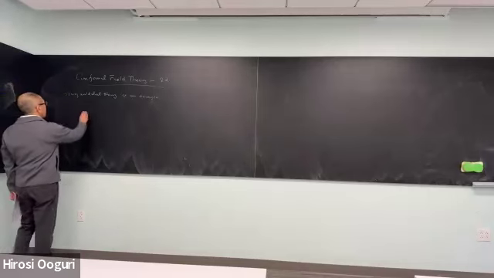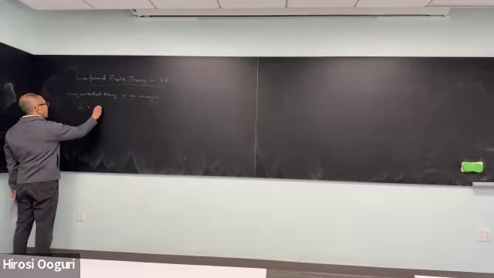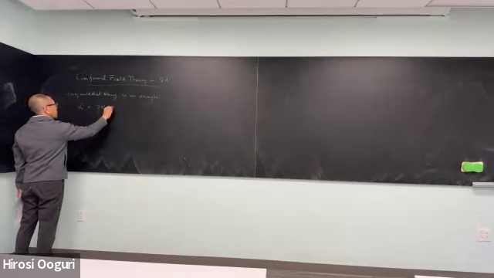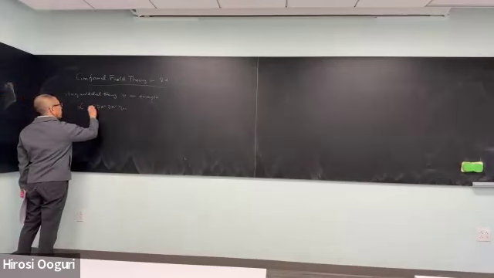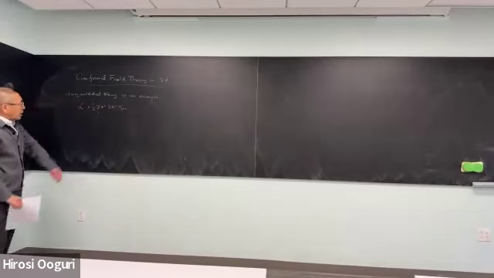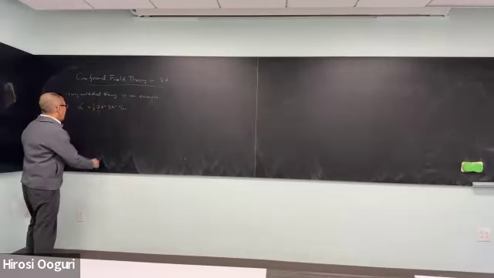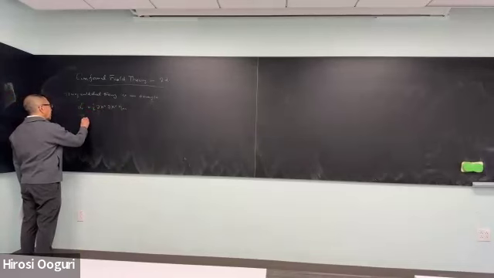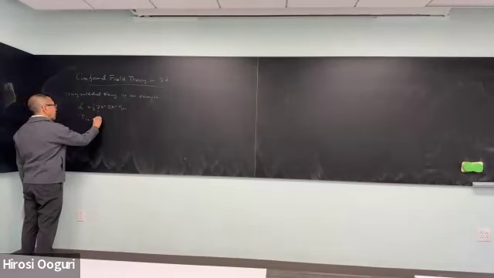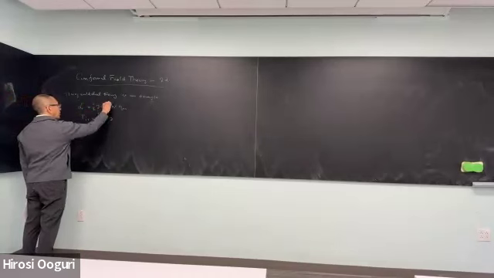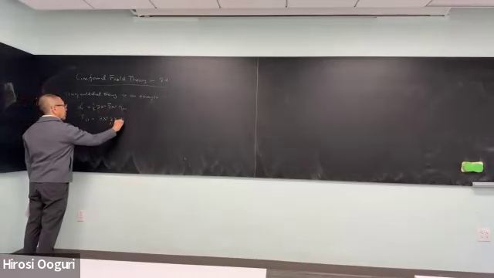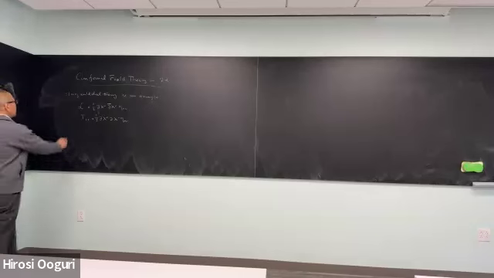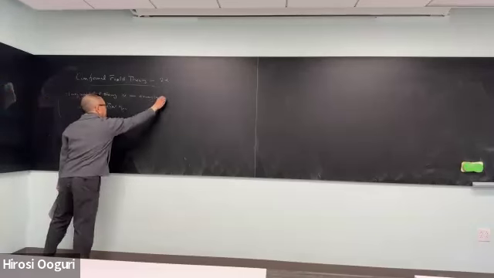And in the case of the string worldsheet theory, the Lagrangian density is ∂X^μ ∂X^ν η_μν. And this is a massless scalar theory. And since it's a quantum field theory, you need an energy momentum tensor. And the ZZ component of the energy momentum tensor is ∂X^μ ∂X^ν η_μν. Okay, so this worldsheet theory is an example.